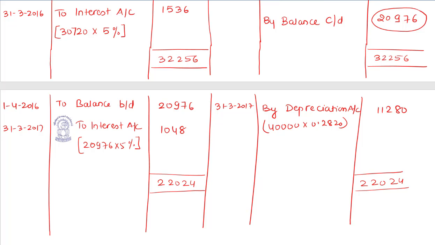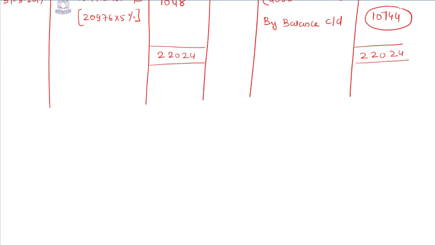So 22,024 minus 11,280 is 10,744. This would be by balance carried down.